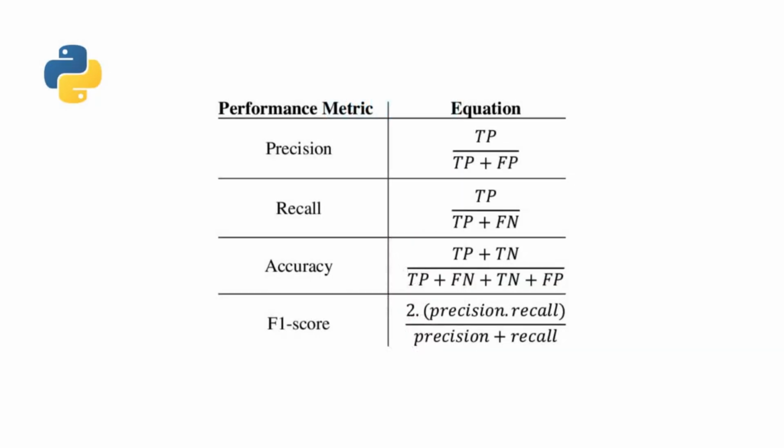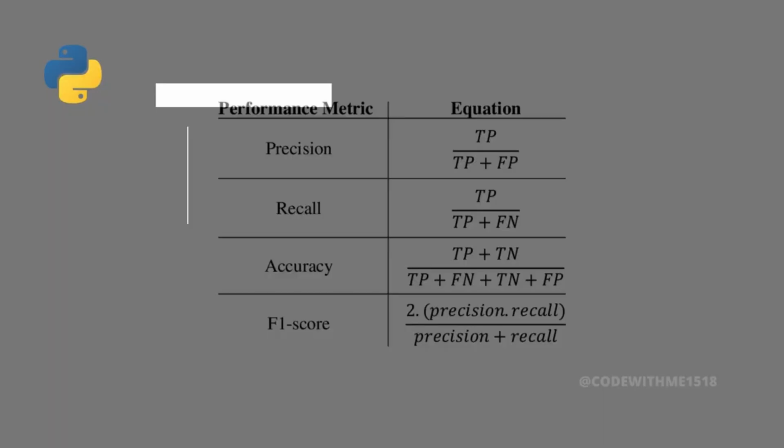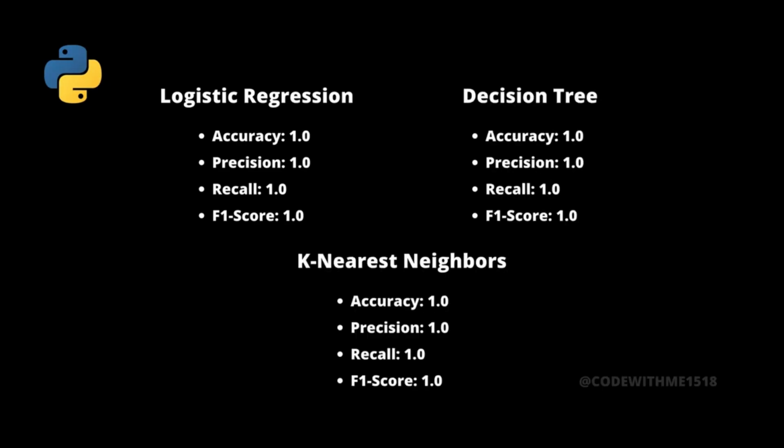These metrics can be calculated using scikit-learn as we saw in the examples above. While our models performed perfectly on this simple dataset, in real-world scenarios, we often need to balance these metrics to choose the best model for the task.